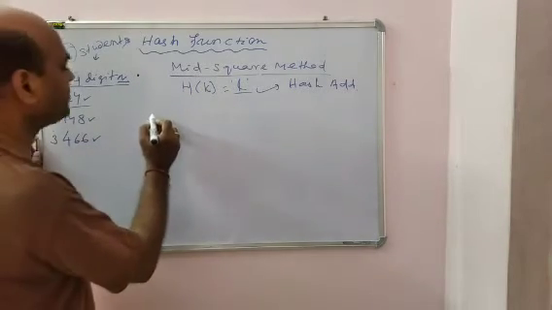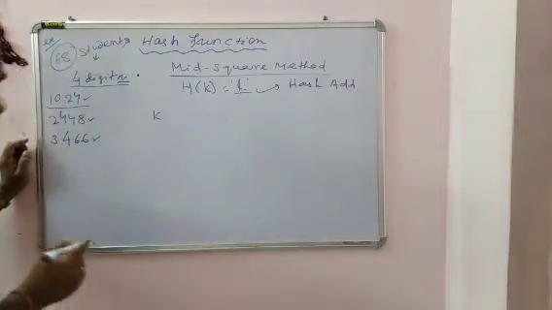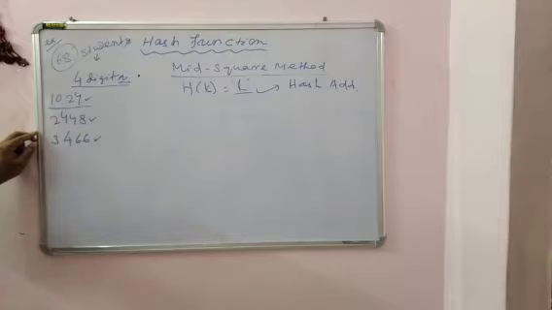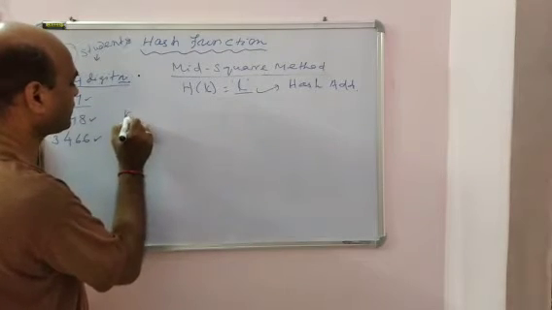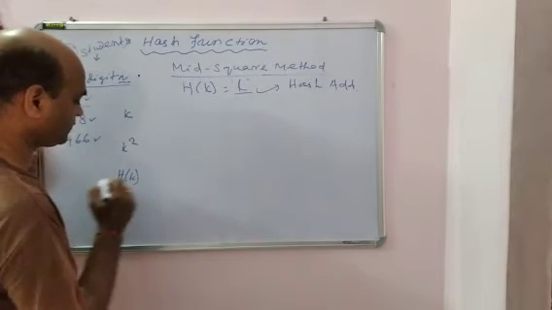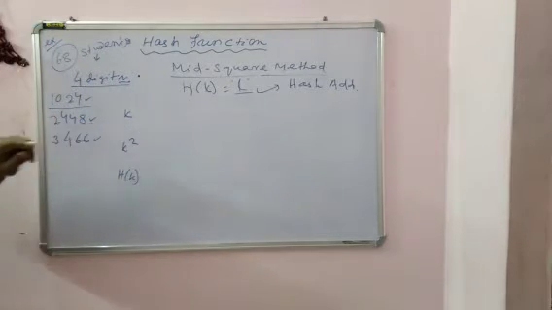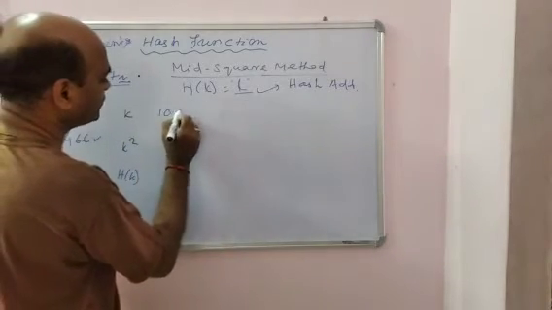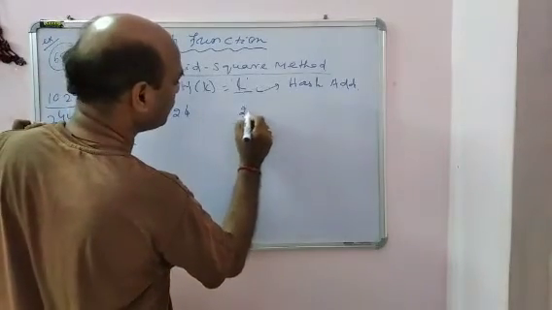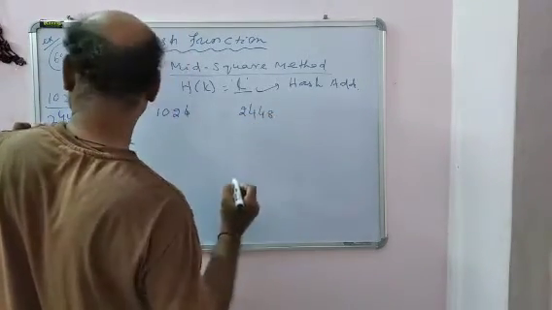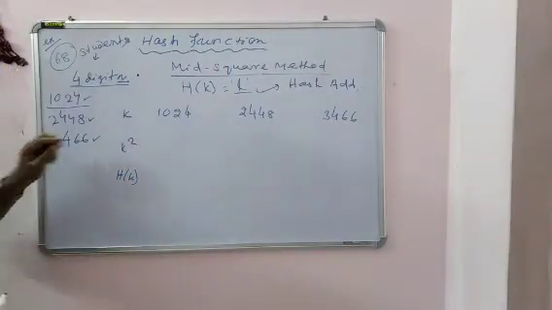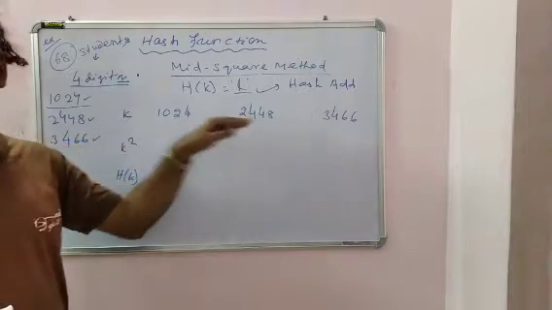So the value of k is 1024, 2448 and 3466. We are considering 3 students.